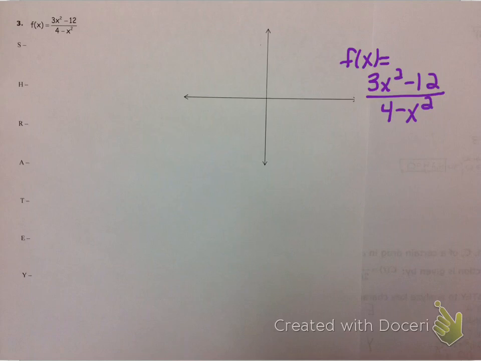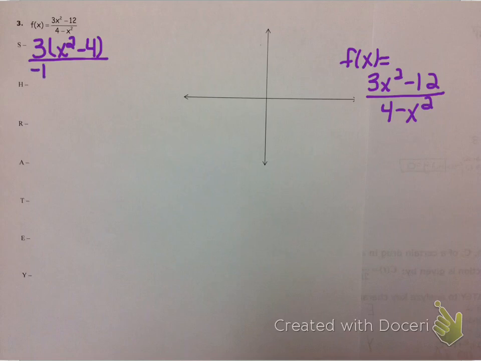Okay, so for those of us who don't have a calculator, or for those who are just unpausing now, this is what happens when you simplify this equation. Start by pulling out a 3 from the numerator, and it becomes x squared minus 4. But then I look at the denominator, and I see that it looks an awful lot like x squared minus 4, except everything on there has a sign change.